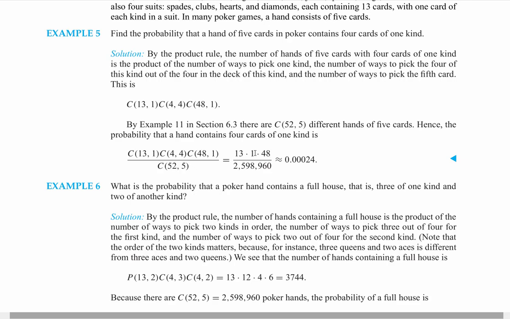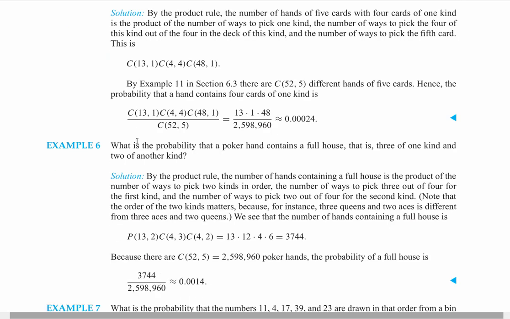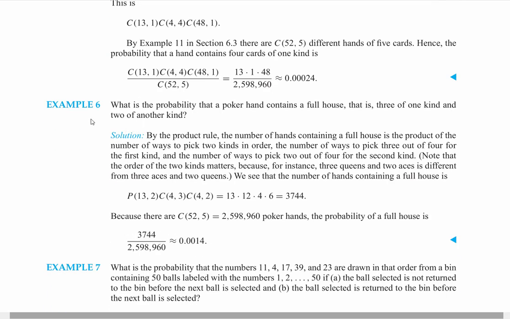So it's much less likely to get 4 cards of the same kind than 3 cards. 0.00024, so just a 0.024% chance. Example 6, this is the full house case I mentioned. So what's the probability of getting a full house? That's 3 of one kind and 2 of another kind.